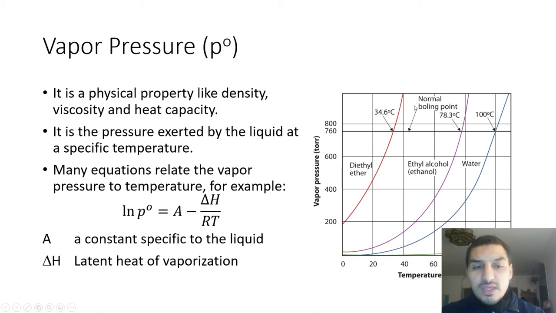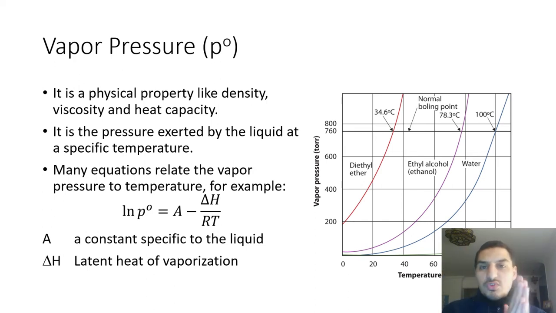And from this we can understand, again back to the pressure thing, that the pressure exerted by the liquid increases with the temperature, because as the temperature increases, vapor pressure increases. So it's pushing more pressure on the atmosphere. So it's like two forces pushing in different directions.